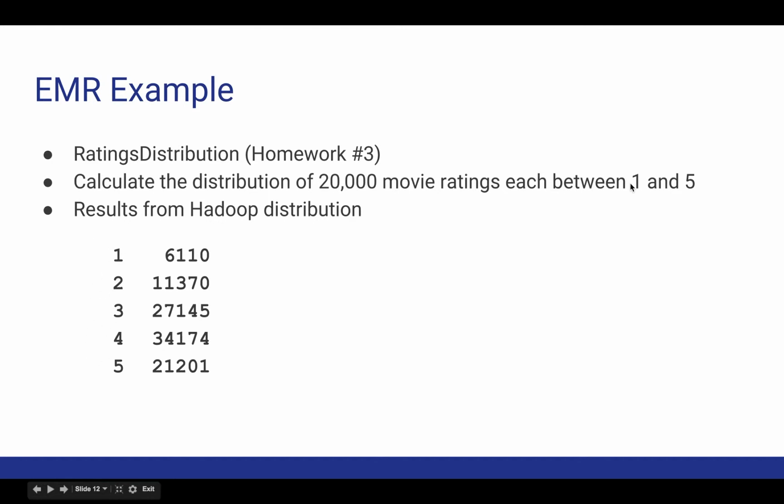Each movie is given a rating between 1 and 5 inclusive, and this will produce a histogram: how many times was a 1 given to a movie as a rating, how many times was a 2, etc. The results you see here are what you get when you run this MapReduce program in plain vanilla Hadoop, in other words, not in EMR.